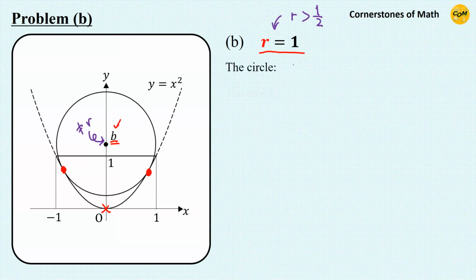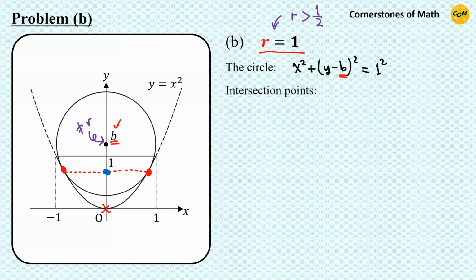The equation of the circle is x squared plus (y minus b) squared equals the radius squared, so 1 squared. We have to find b using the fact that this circle touches the parabola at only 2 points. This means that there is only a single value for the y-coordinate of the intersection points. In order to use that fact, let us substitute x squared with y from the equation of the parabola in the equation of the circle.